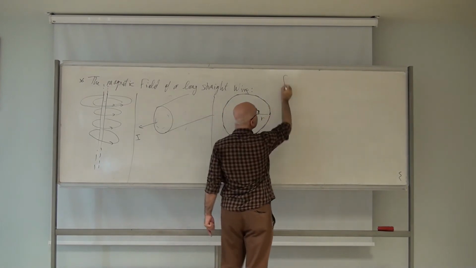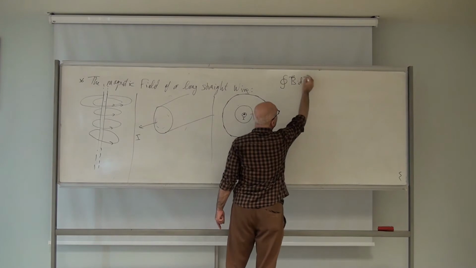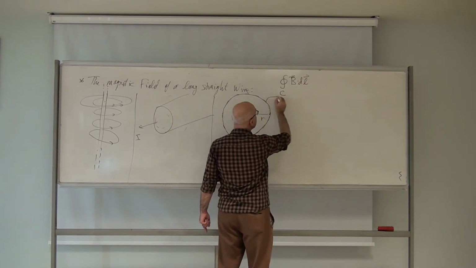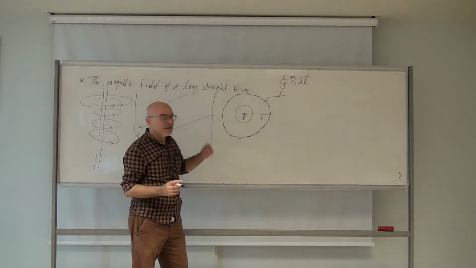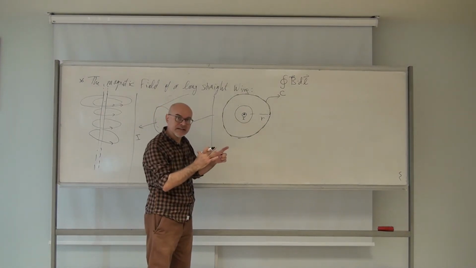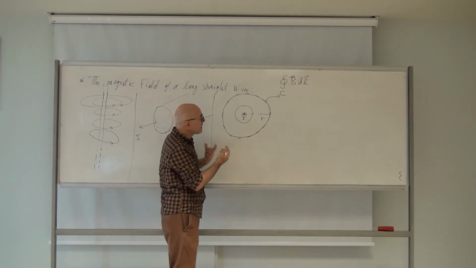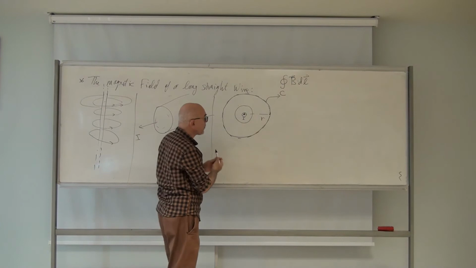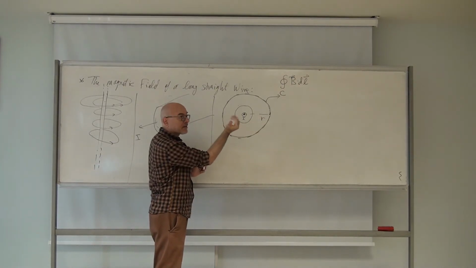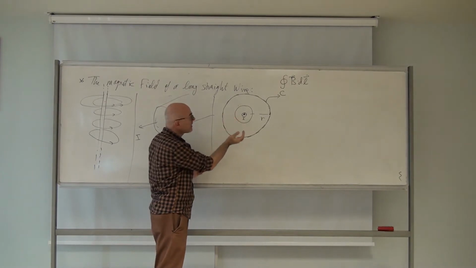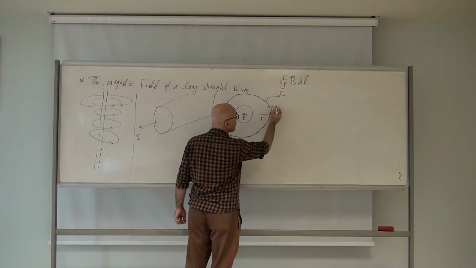In Ampere's law, this is my C. So I choose this as my C. Now it coincides with the magnetic field lines in this case, which are concentric circles. The direction of the magnetic field at each point, due to the right-hand rule, look, this is the direction of the current. The direction of the magnetic field lines is tangential, and it is in this direction. So for example, at this point, I know this is B.